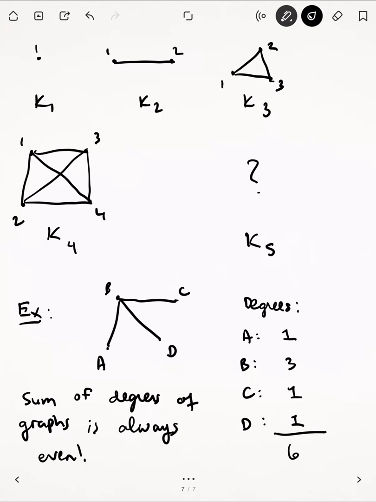The way to think about this is like if you imagine a bunch of people in a room shaking hands, then the total number of handshakes that must have happened is even. I know that's a bad example in this time of coronavirus, but the example itself still holds. Okay, so now let's make this rigorous. We have a theorem. And part A of this theorem is the handshaking lemma.